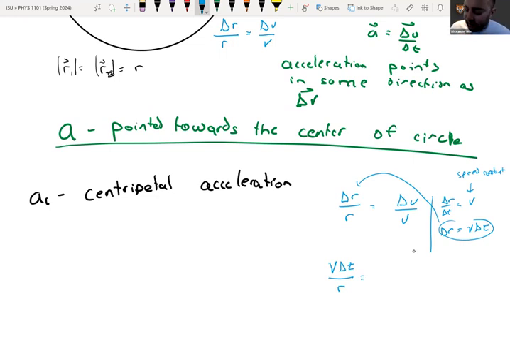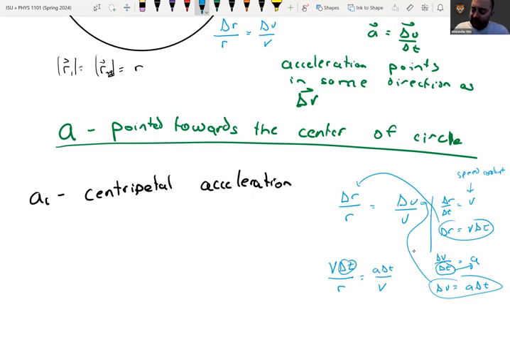Now, the other thing I can say is that delta V over delta T is equal to acceleration. Again, that assumes constant acceleration, and this one turns out it will be. Now I'm going to move the delta T over, so we get delta V equals A delta T. This is how we're going to solve for the acceleration. So we replace this in there, and we get A delta T over V. Now notice what happens.